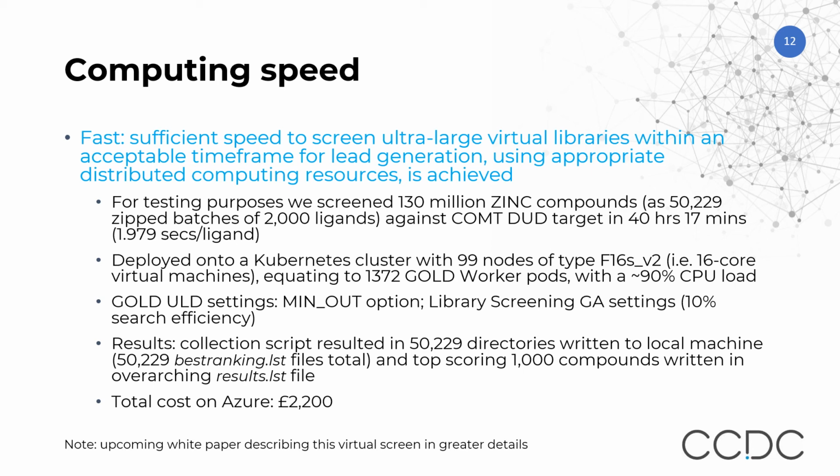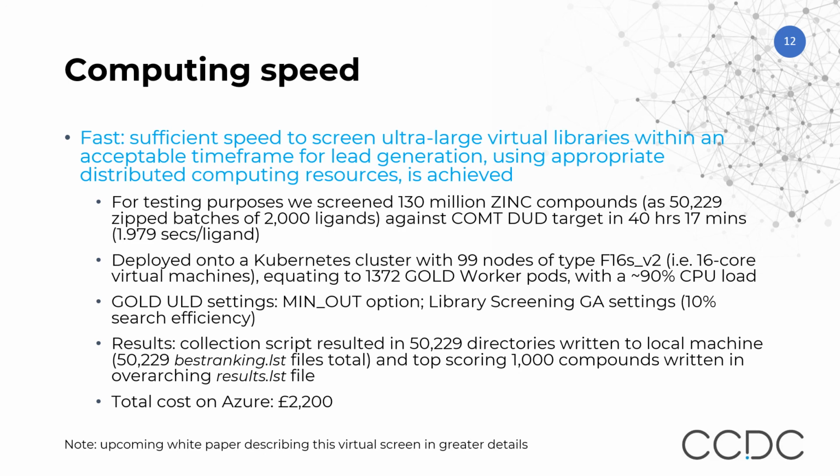That took about 40 hours with 1.98 seconds per ligand. To get that speed, we used a Kubernetes cluster containing 99 nodes, which are 16-core virtual machines, which provides us with 1,372 gold worker pods that had about 90% CPU load.